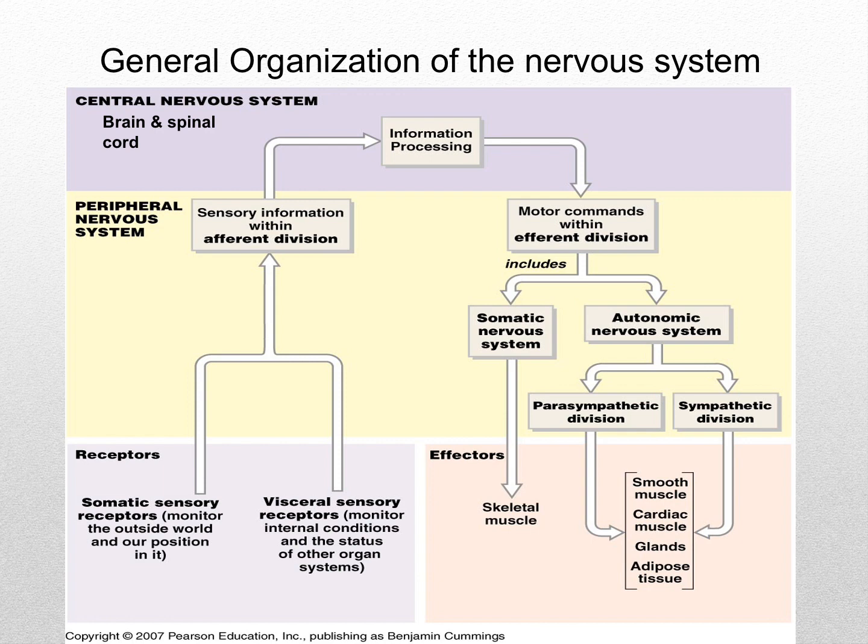So your spinal cord and brain are going to process the information, and then it will say, well, what am I going to do with this? Okay, and when it decides what it's going to do with it, it's going to take that information and go back the other way, efferent, and there's going to be a motor command within that efferent division, and it will either go in one direction, the somatic nervous system, which is going to be your skeletal muscle.